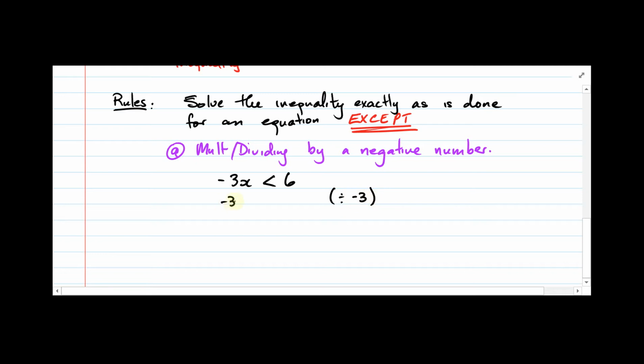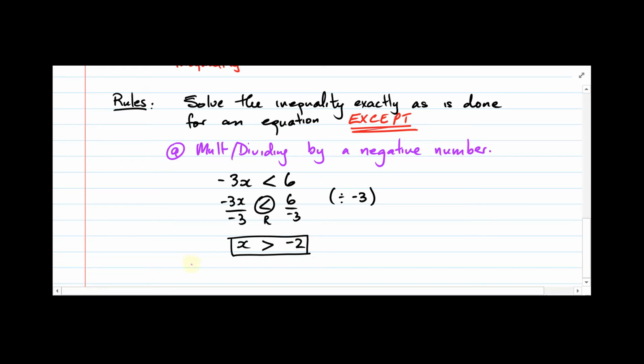So in doing that, you'll probably see me write this a bit, where I've recognized that I'm dividing by a negative, and hence I'm going to reverse the inequality. So I'll end up with the inequality x is greater than minus 2.